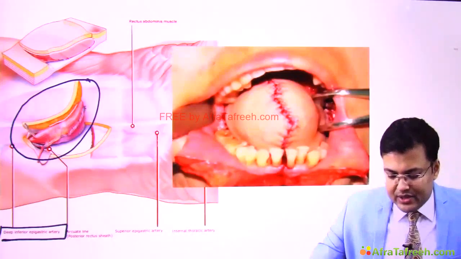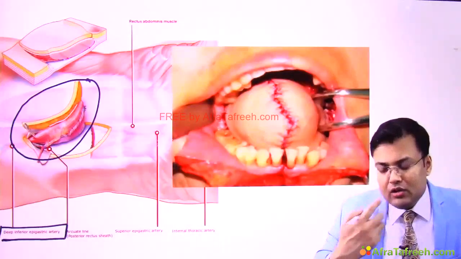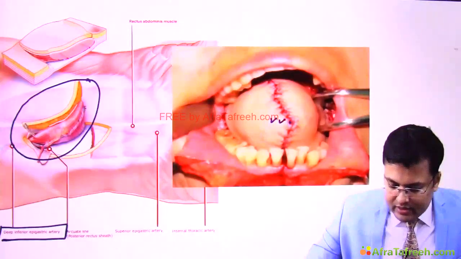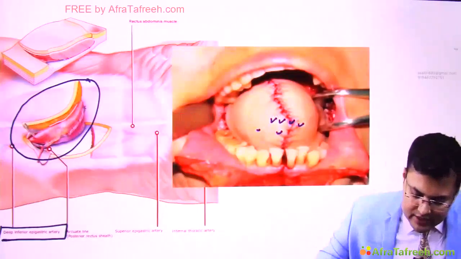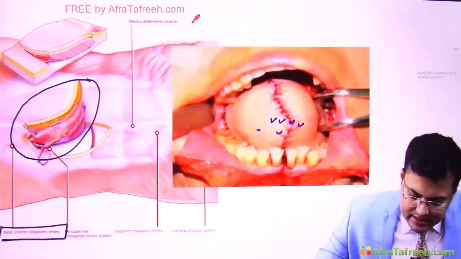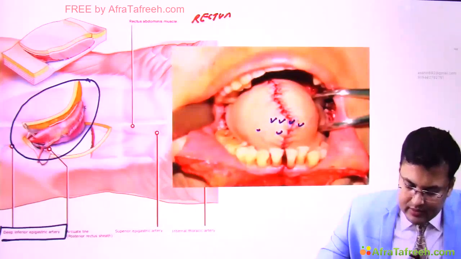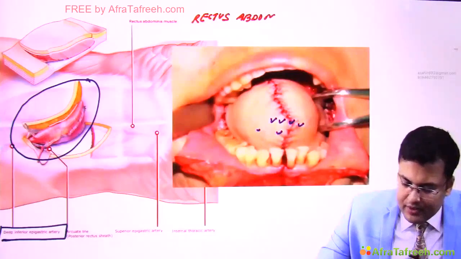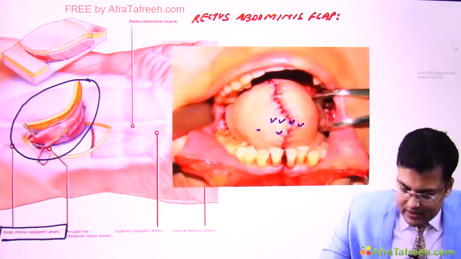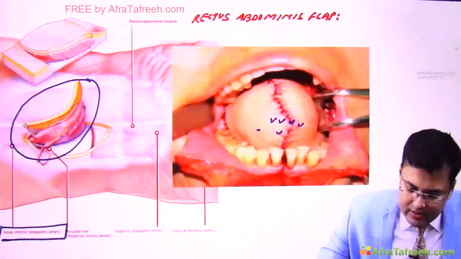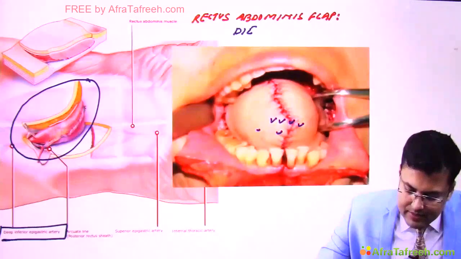And see, this is the patient after total glossectomy. You can see here the total tongue reconstruction has been done. So what is the name of this flap? This is rectus abdominis flap. Okay, and this rectus abdominis flap, it is based on deep inferior epigastric artery.